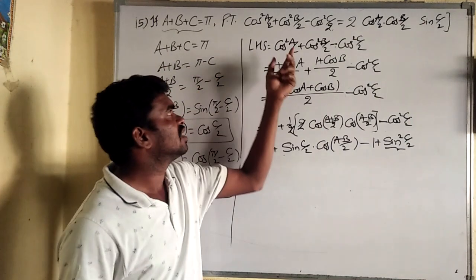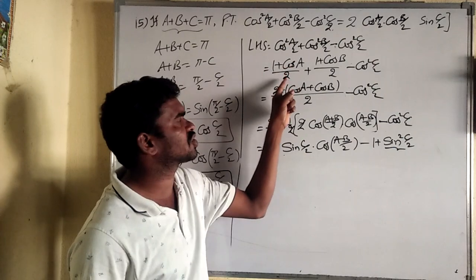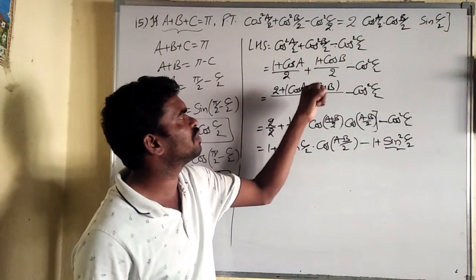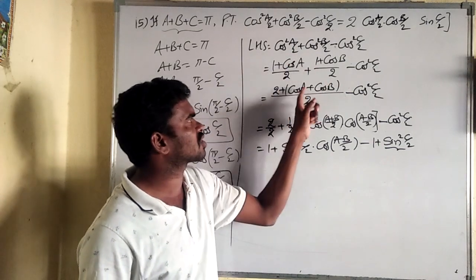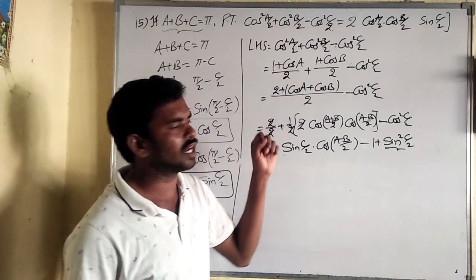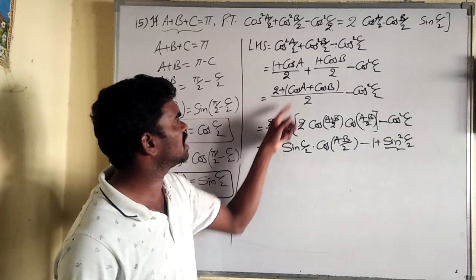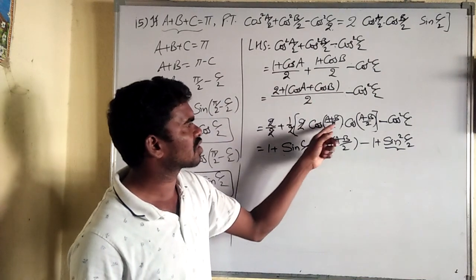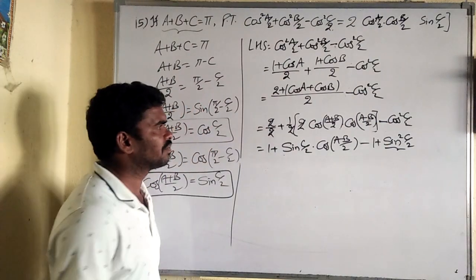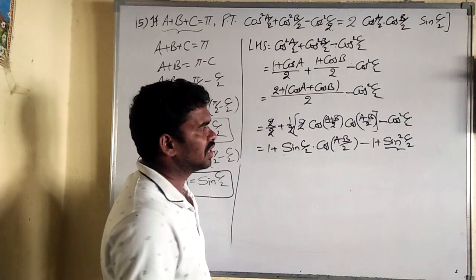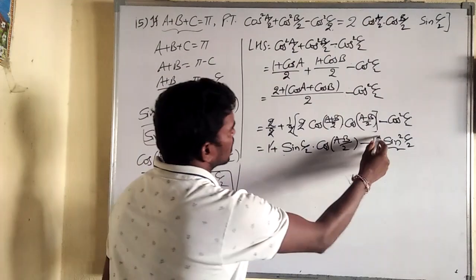Next, take LHS. First term cos square theta means (1 + cos 2a)/2, like that. (1 + cos 2b)/2, and keep it as it is. 1 plus 1 is 2, and cos a plus cos b whole by 2 is the denominator. So split it: 2/2 plus cos a plus cos b means 2 cos((a+b)/2) cos((a-b)/2), minus cos square c/2. Same, cos of (a+b)/2 means sin c/2. See, this plus 1 minus 1 gets cancelled.